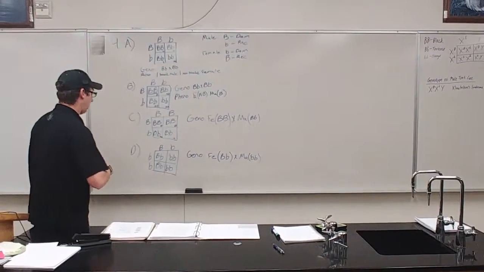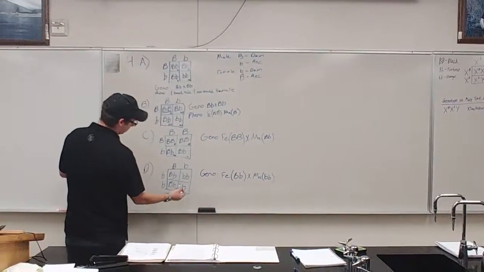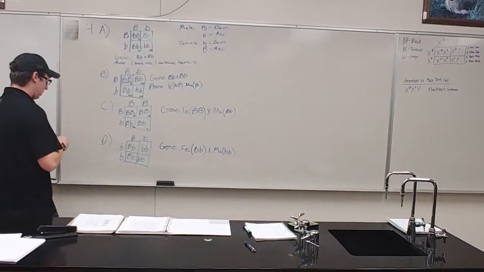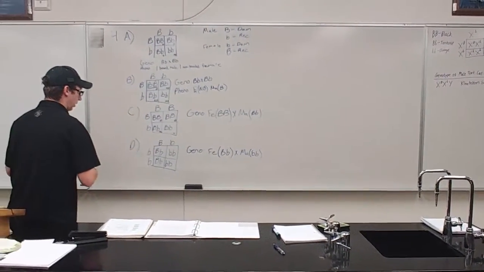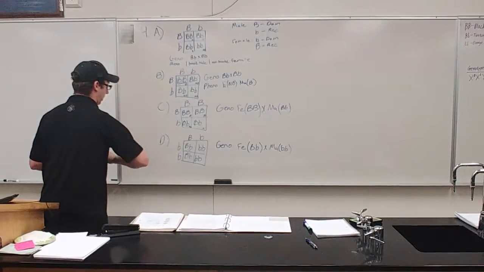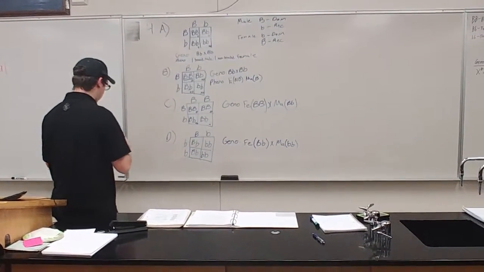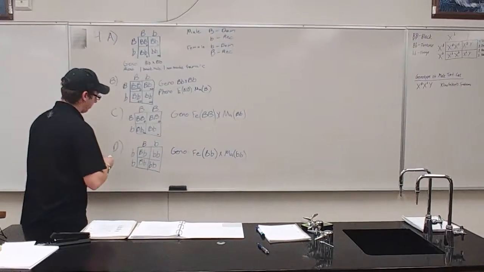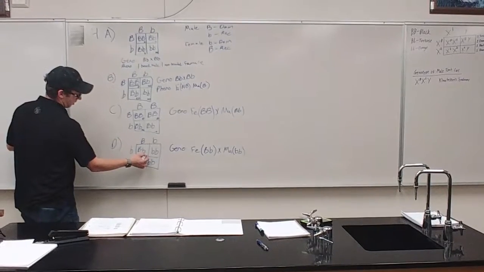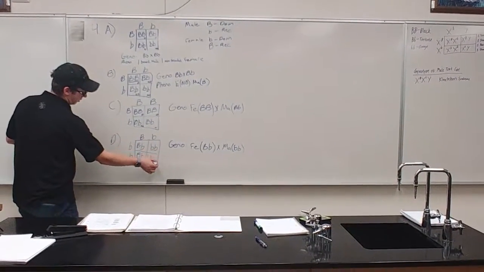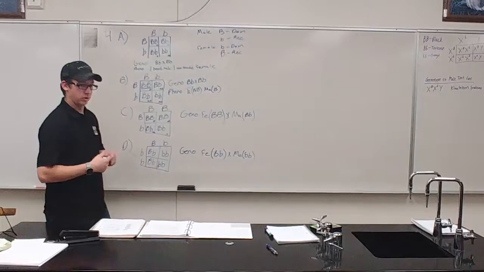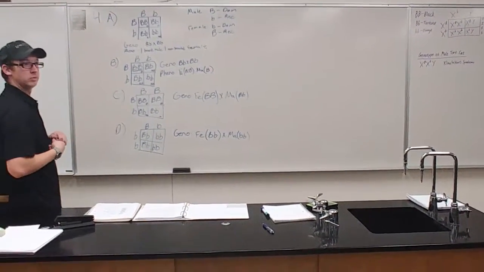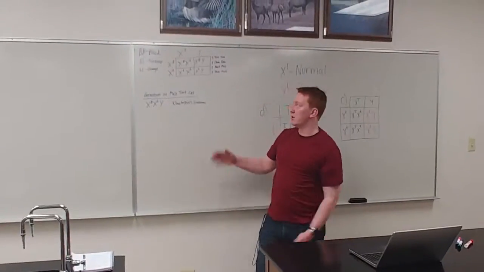In order to get that, we have to have a female with a heterozygous genotype and a male with a homozygous recessive genotype, because it creates, again, 2 beards, 2 no beards, down to a 1-to-1 ratio for the males. That's it for teaching number 5.